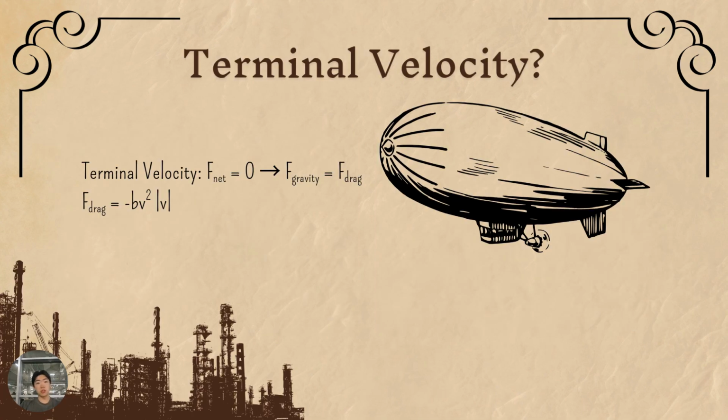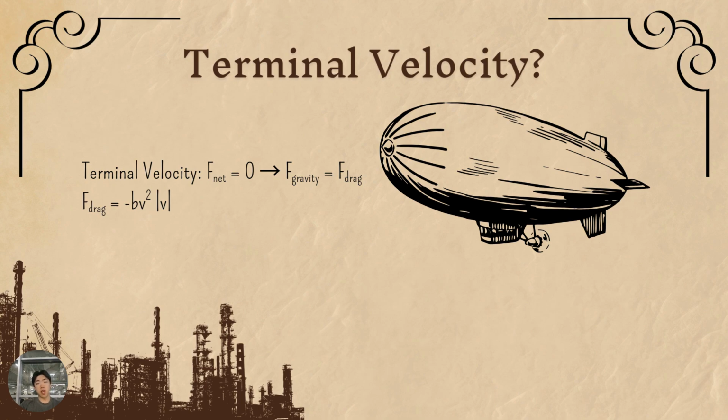One of the questions that the lab wants me to discuss is terminal velocity. Terminal velocity occurs when the velocity no longer increases or decreases, and therefore F net equals zero because it's not accelerating. This occurs when the net force is zero, meaning gravity equals negative drag, and we know F drag equals the equation on the slide.